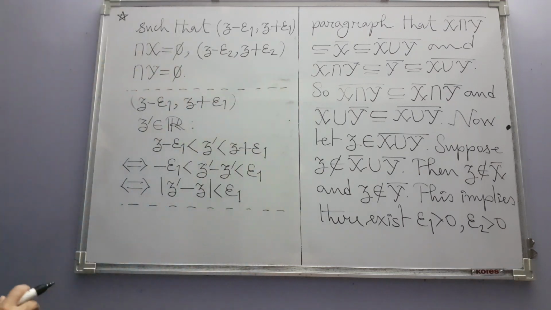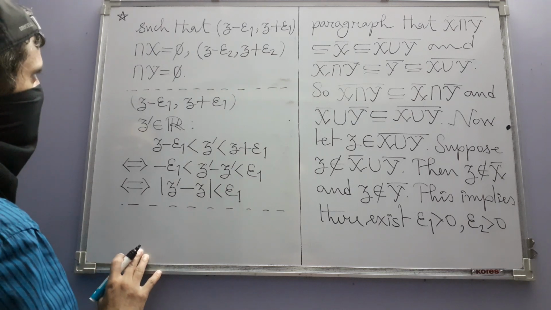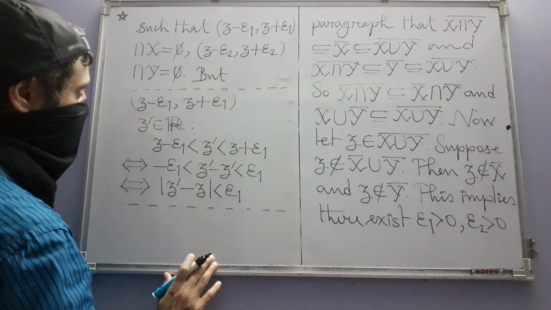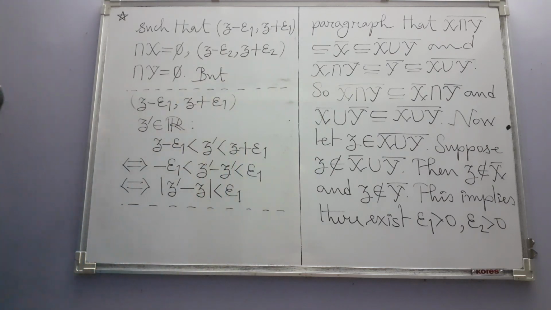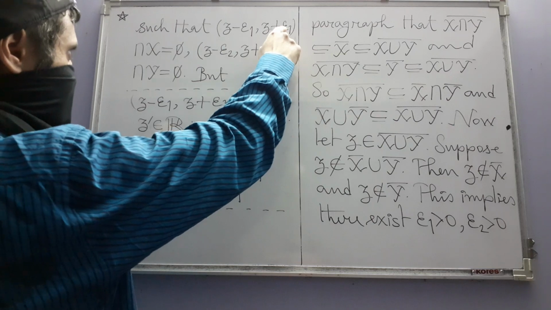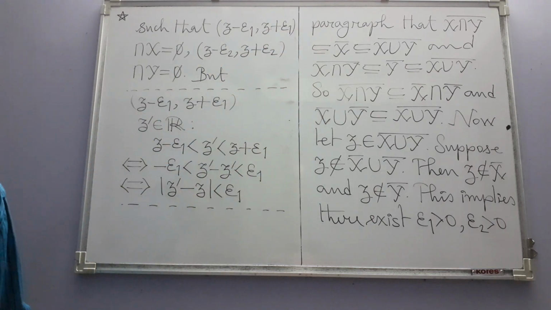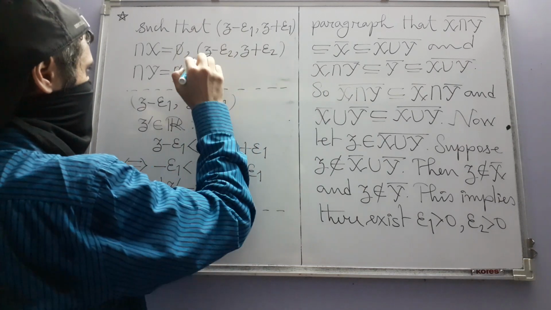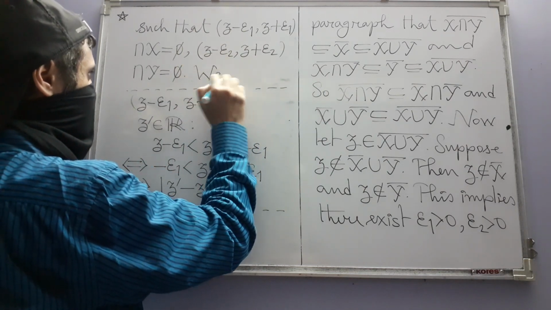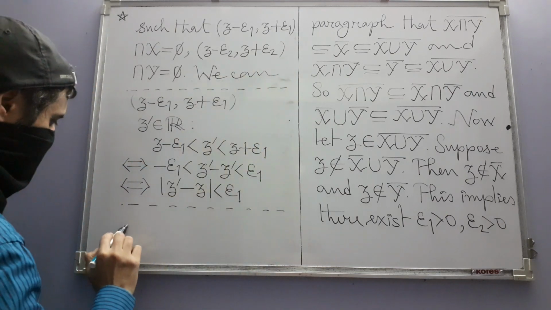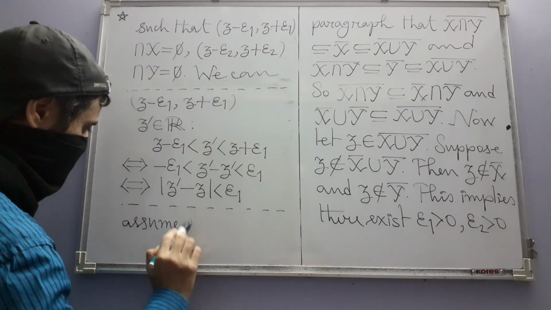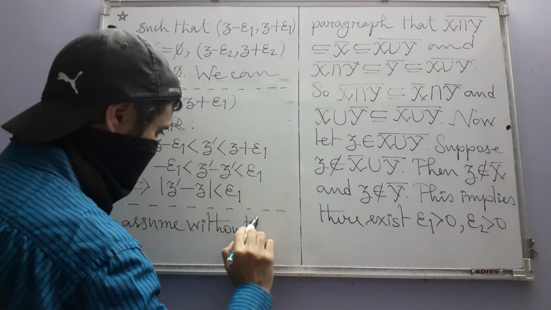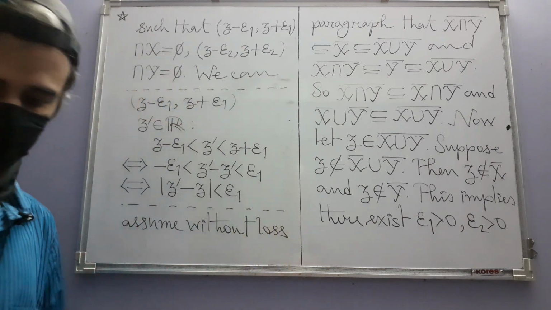It's not a part of the proof, but I think things will look simpler if we assume that one of these is smaller than the other. We can assume that without loss of generality.